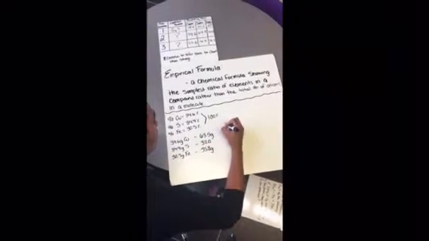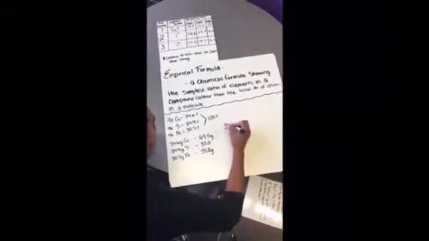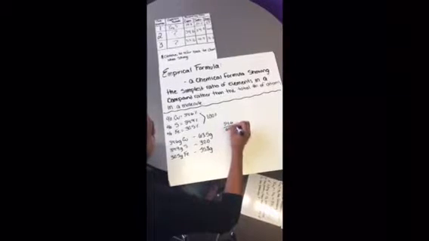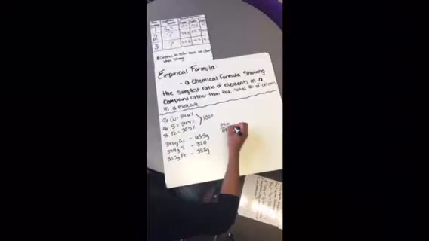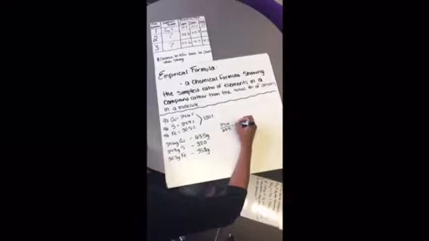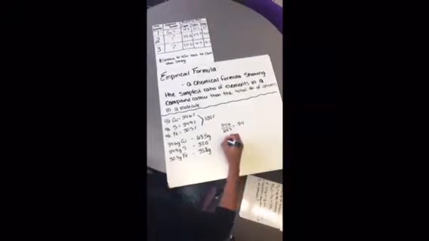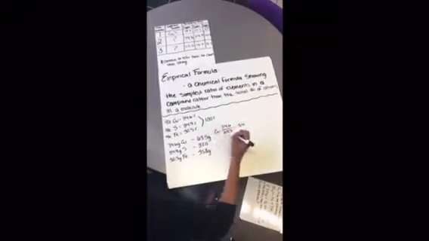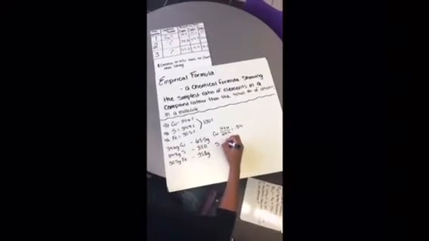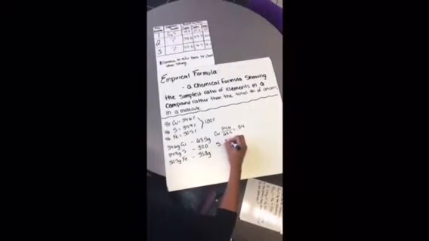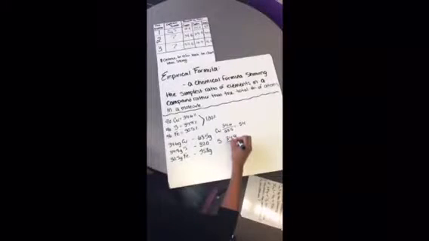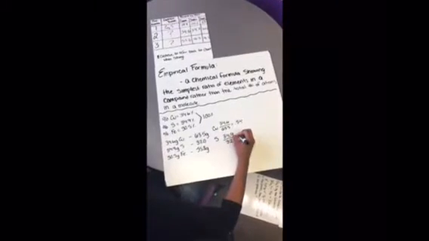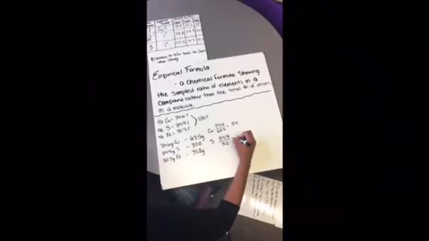So we're going to take 34.6 over 63.5, and that will give us, let me put in my calculation, 0.54, and this is for Cu. And for S, we will put 34.9 grams over 32, and that gives us 1.